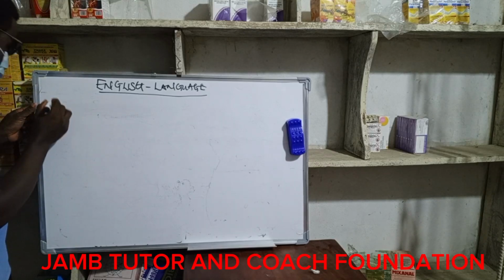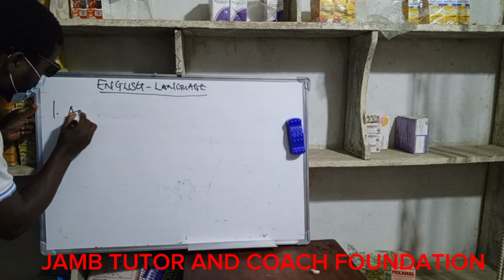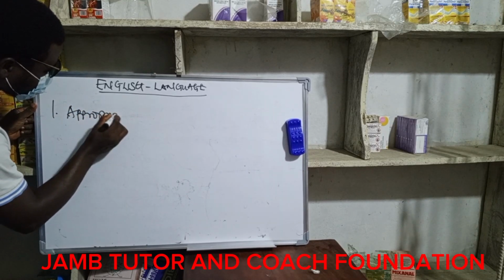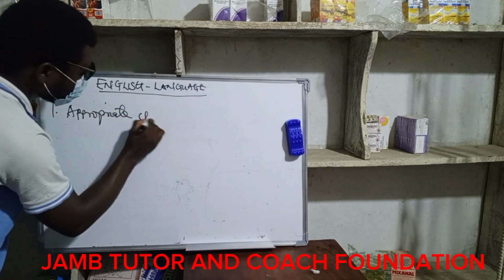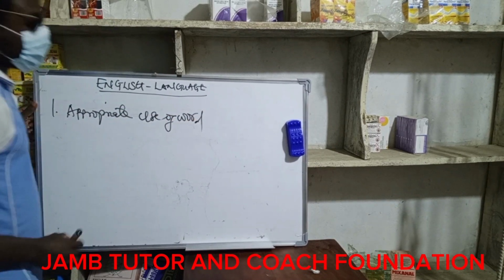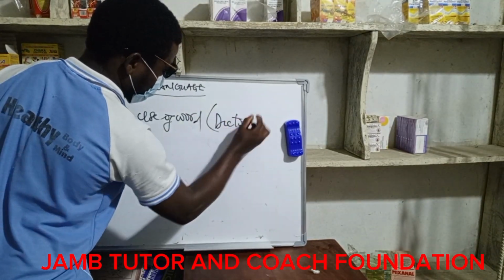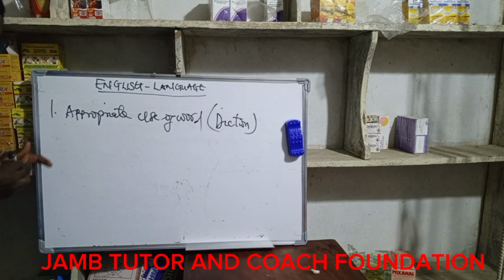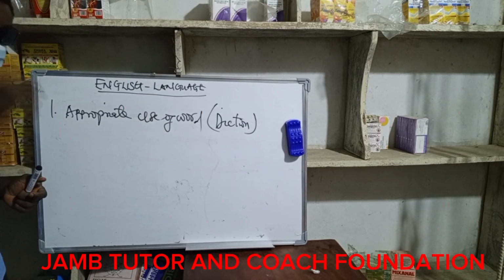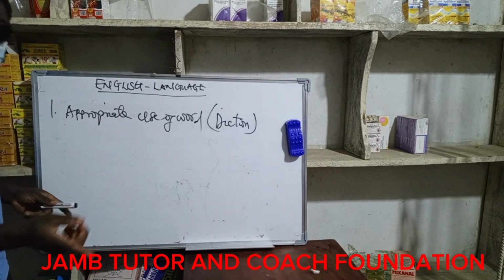So one of those areas is appropriate use of word. It is called diction. Take note of this. I told you guys that if you don't know the topic in English language that the question is being set from, that is where you start failing the question.